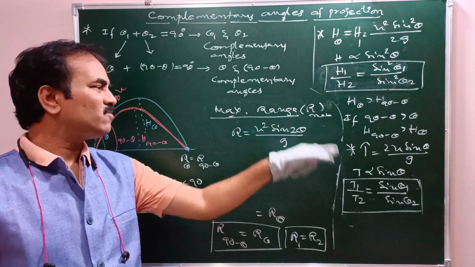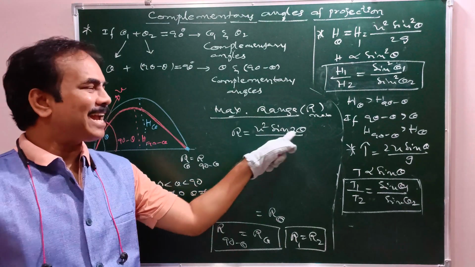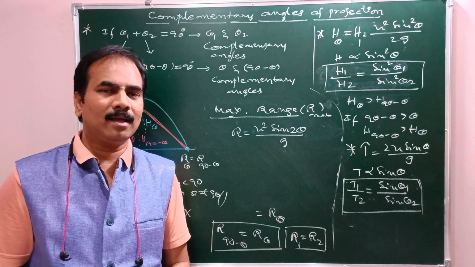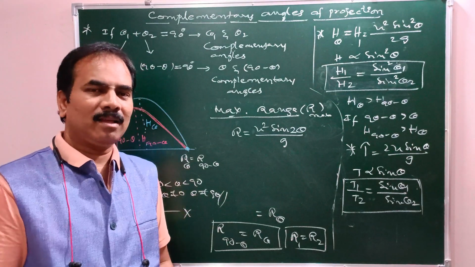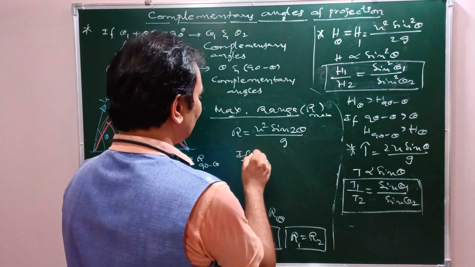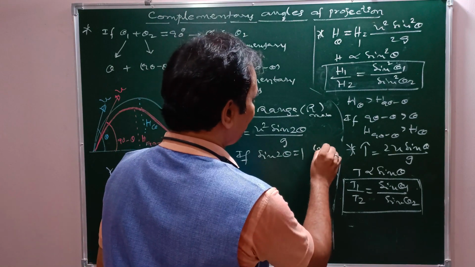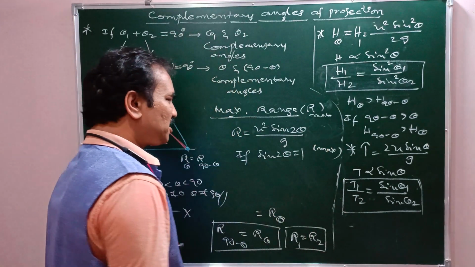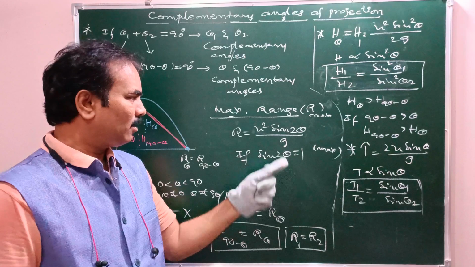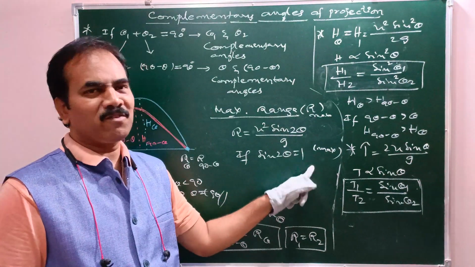So R becomes maximum when sine 2 theta becomes maximum. What is the maximum value for sine 2 theta? For the sine function, the maximum value is 1. So if sine 2 theta equals 1, that is the maximum. So therefore sine 2 theta becomes 1, the maximum value.